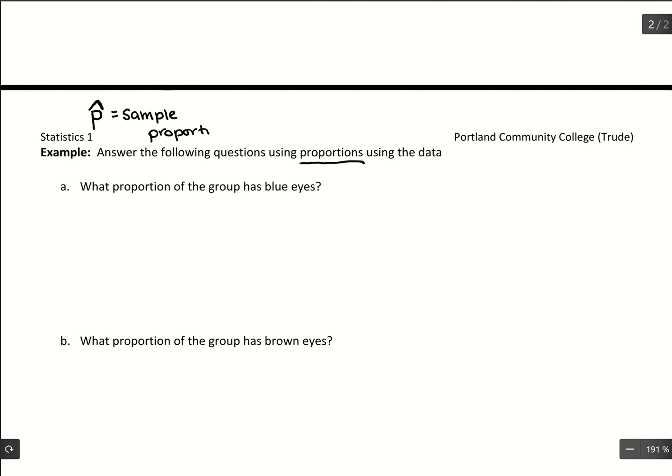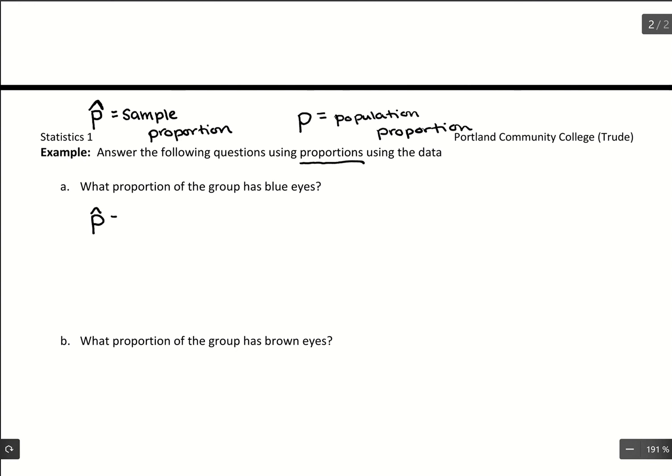And then if we just use the value P representing proportion, that tells us it's a population proportion. So typically when we're calculating for data, it's going to be sample data. So because we have sample data here, when we calculate these proportions, we want to use that symbol P hat.